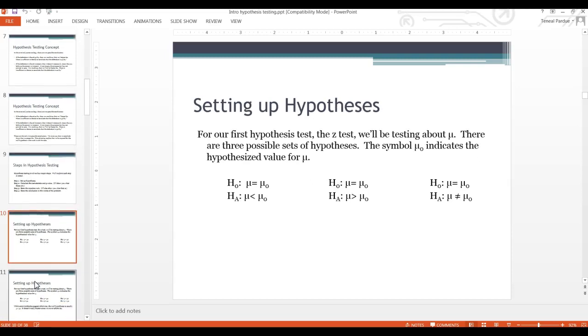So let's talk first about setting up the hypotheses. For right now, we're going to do the z-test. We'll get to other tests later. For the z-test, there are 3 different possible sets of hypotheses.